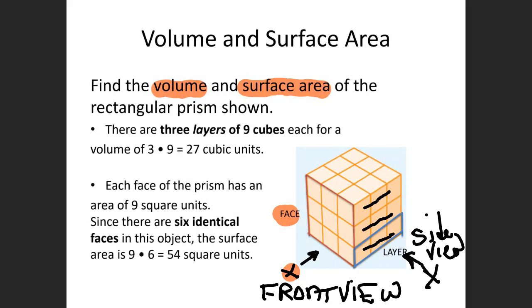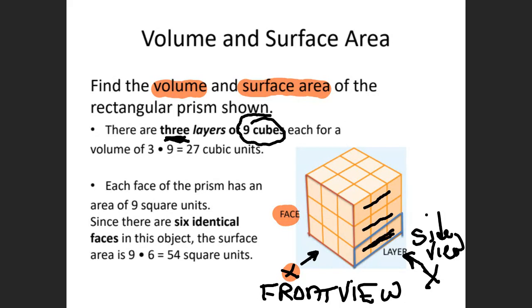Okay. So when I look at the first question, it says find the volume. Well, by using this picture, I know that I have 3 layers. All 3 layers together have 9 cubes.